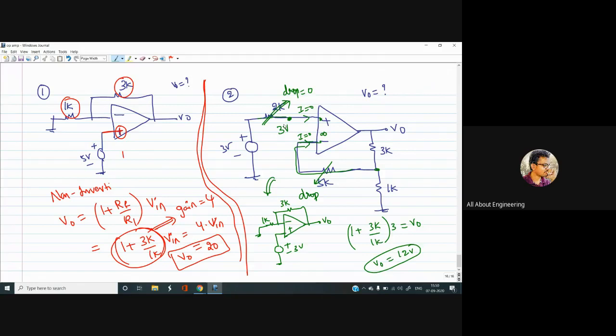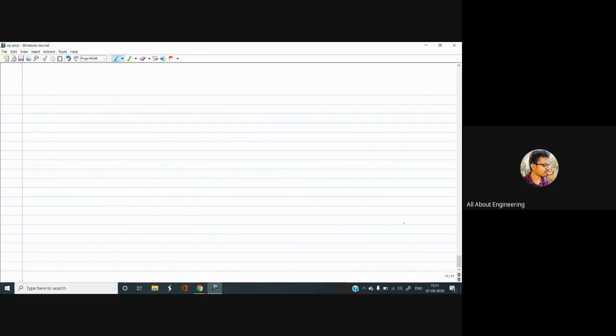In that case there is a slight fluctuation in the gain of the amplifier, but that doesn't matter, we will see them soon. Until that point of explanation, the current entering through these terminals is zero, so you can neglect the drop across the resistances that are directly connected to these nodes. Okay, this is one beautiful question that you can focus on.